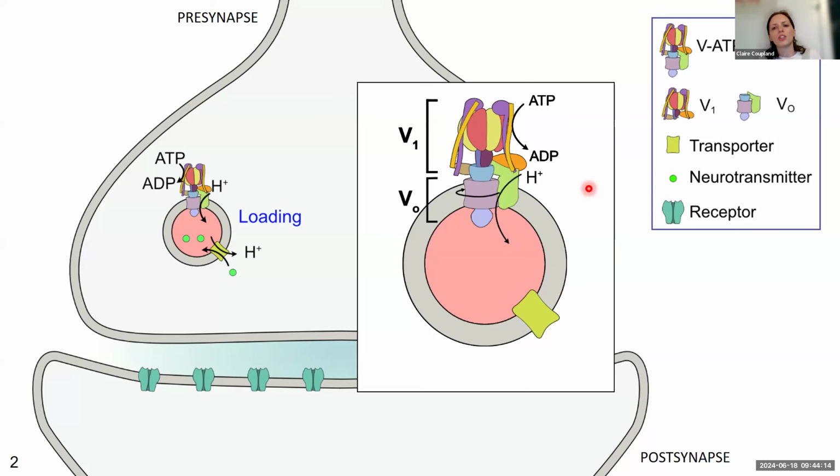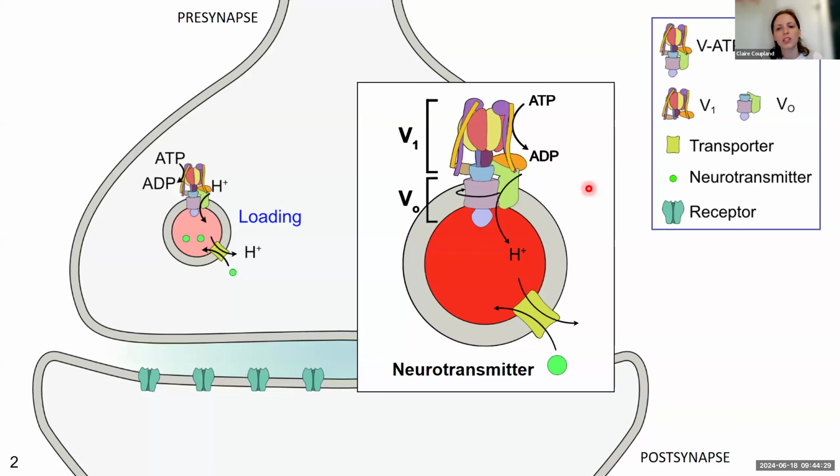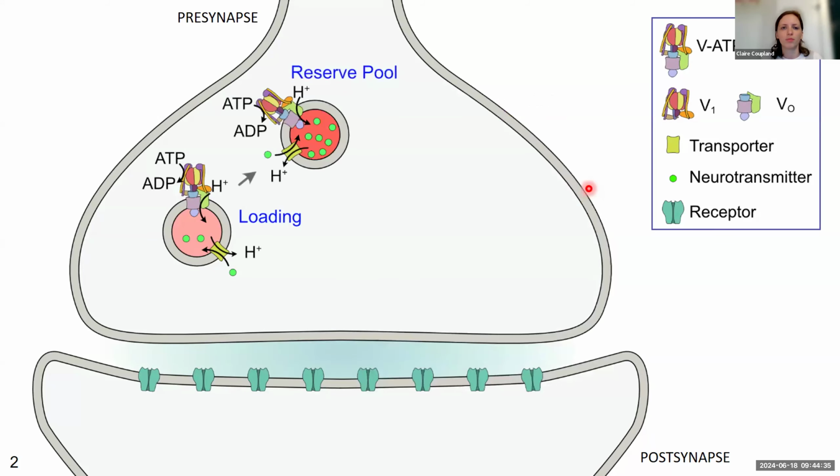This ring rotation allows the pumping of protons from the cytoplasm into the lumen of the synaptic vesicles to cause acidification. This acidification is really important because these protons are then used by the neurotransmitter transporters to exchange in neurotransmitter into the synaptic vesicle. In this way, the synaptic vesicles can be loaded.